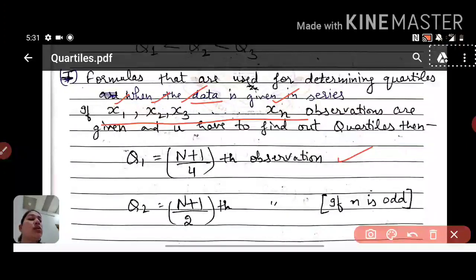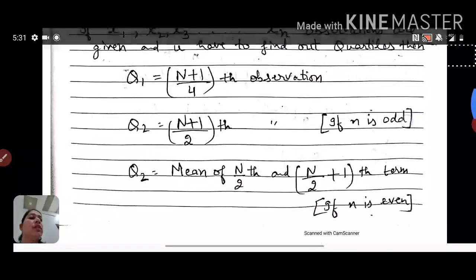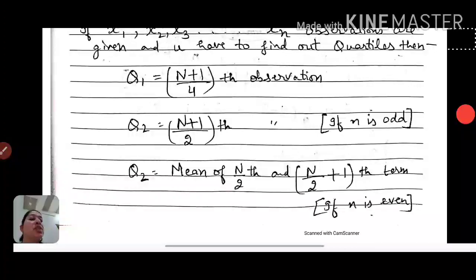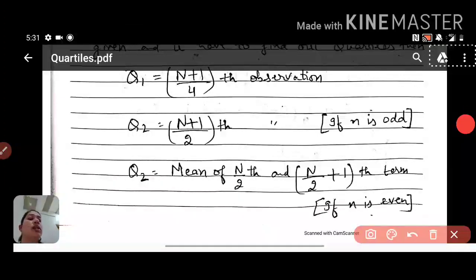And for calculating quartile 2, there are two formulas. If the number of terms is odd, then you have to use the formula (n plus 1) by 2th observation, and if the number of observations is even, then you have to use another formula.